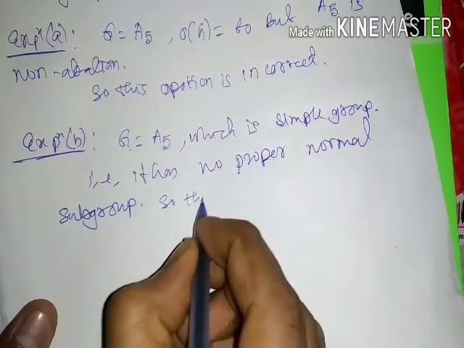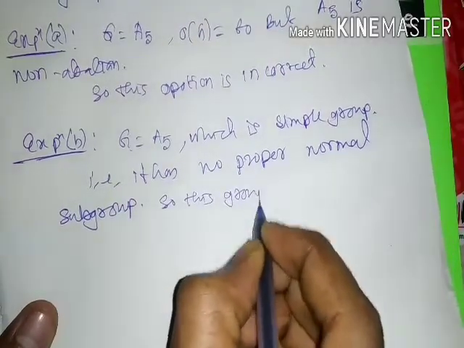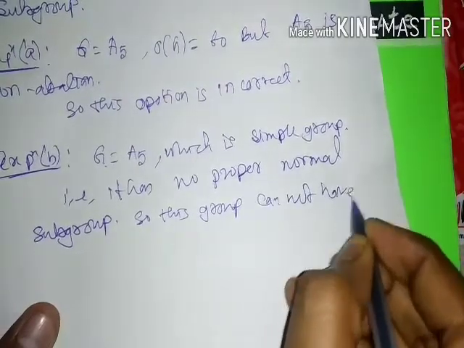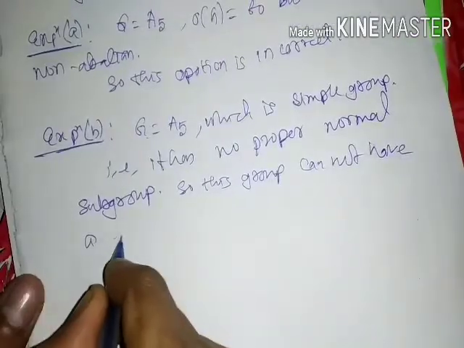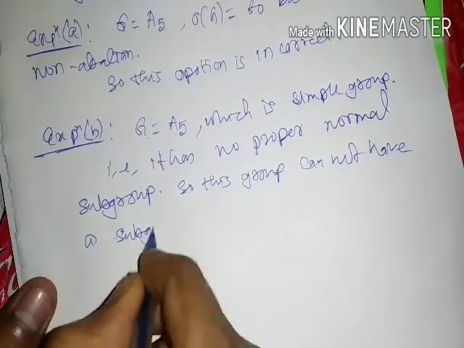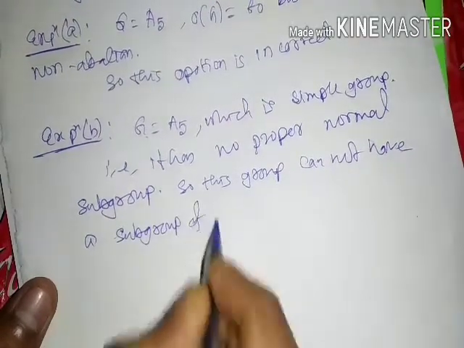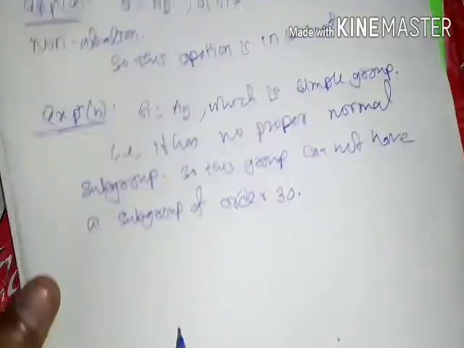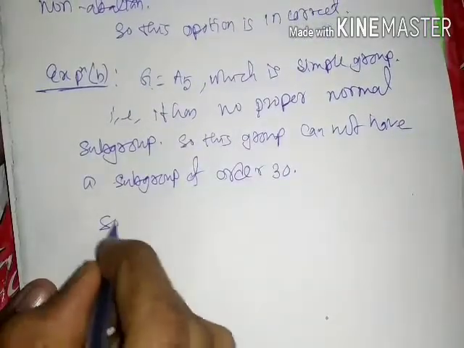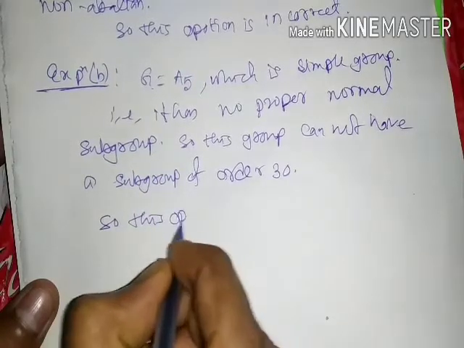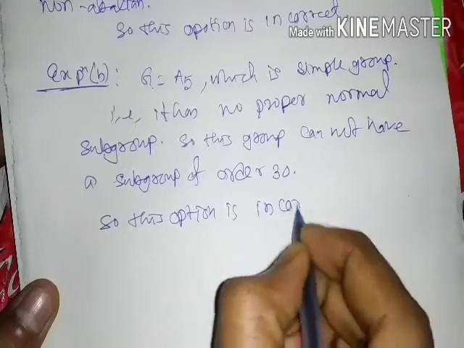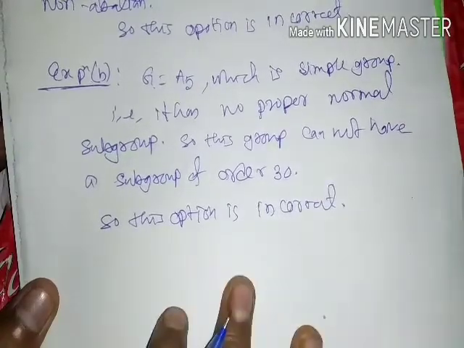So this group cannot have a subgroup of order 30. So this option is incorrect.